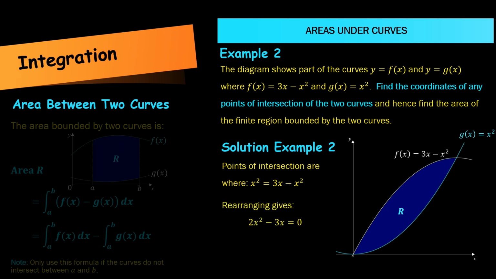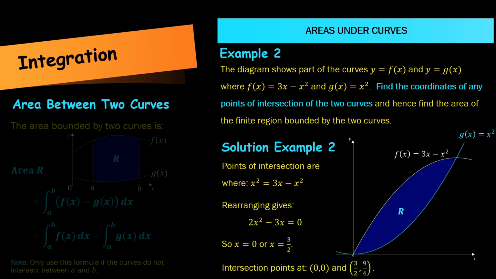Rearranging this equation gives us 2x squared minus 3x equals 0. And then solving this for x gives us x equals 0 or x equals 3 over 2.